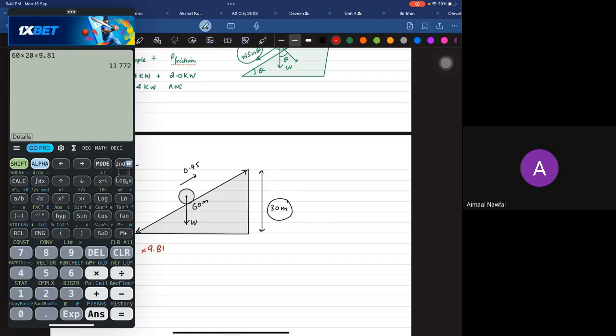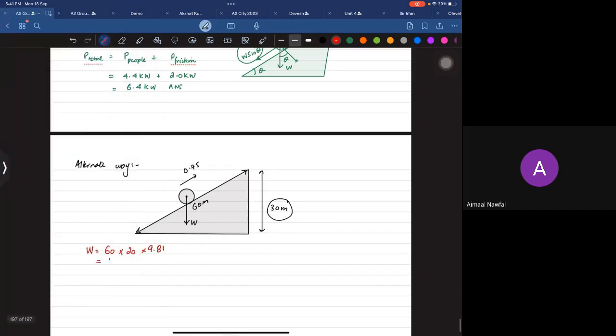That would be 11,772 newtons. You guys agree? So that is the total weight we're lifting, right? Now, the gravitational potential energy that must be gained to take people from this point to this point would be the force we are working against, mgh.